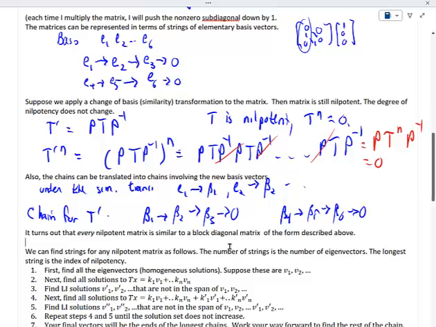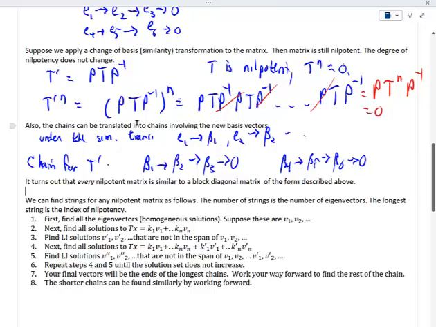So the number of strings is the number of eigenvectors. Each eigenvector will be the end of a string.